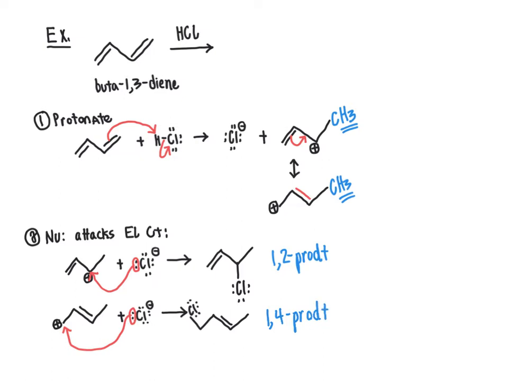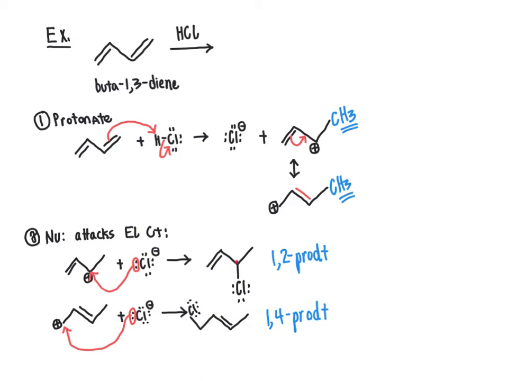Now, looking at these two products that we have created here, one of these two products is more stable than the other, based on the criteria that we learned a couple of videos ago about the stabilities of alkenes. Looking at the 1,2 product in this particular reaction, the 1,2 product is a less alkyl substituted alkene than the 1,4 product, because the 1,4 product has 2 alkyl branches coming off of it.